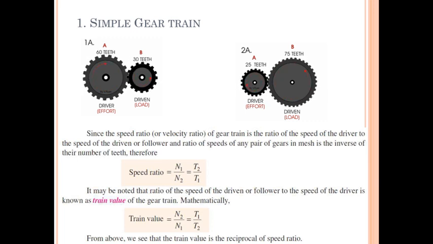Now let us assume that gear A is the first gear, which is the driver gear, and gear B is the second gear, which is the driven gear.